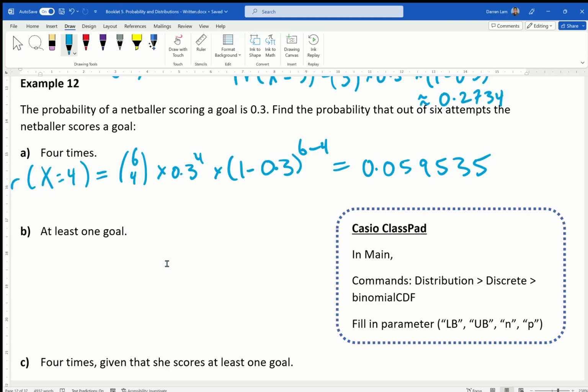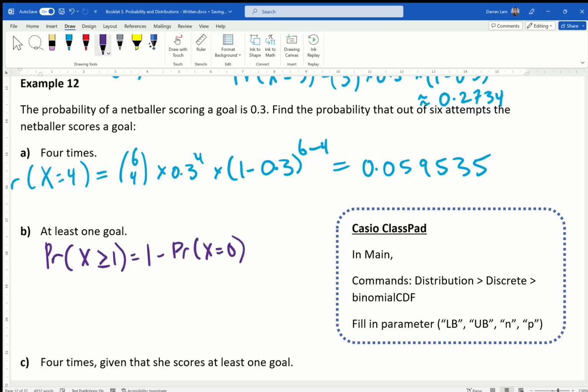But the first thing I'm going to do is write down the probability of it being at least 1 goal, so x being at least, so greater than or equal to 1, equals 1 minus the probability of x equal to 0. That makes sense. You see, I'm trying to show you that there are different methods to get to the same answer.